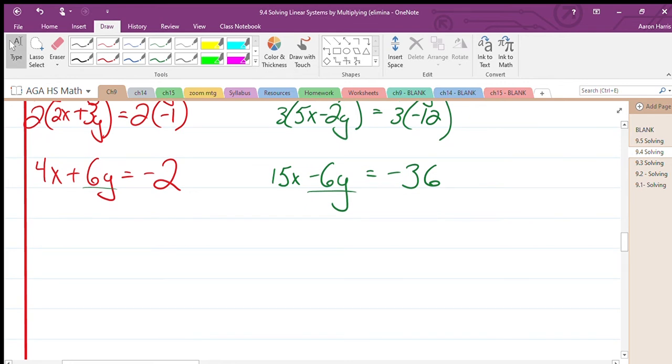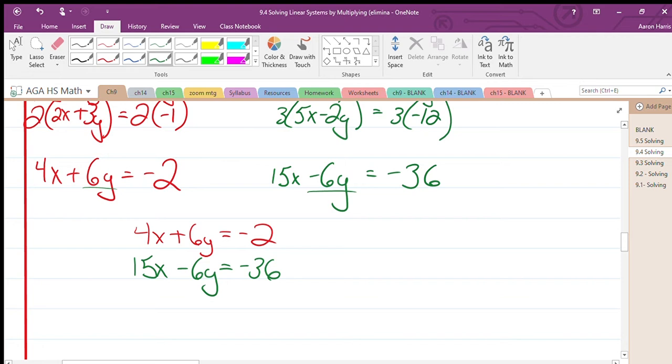So here we go. Let's put them together. 4x plus 6y equals negative 2. 15x minus 6y equals negative 36. What am I going to cancel? The y's. How am I going to do it? If they're additive inverses, what do I do with these equations? You got it. We're going to add.